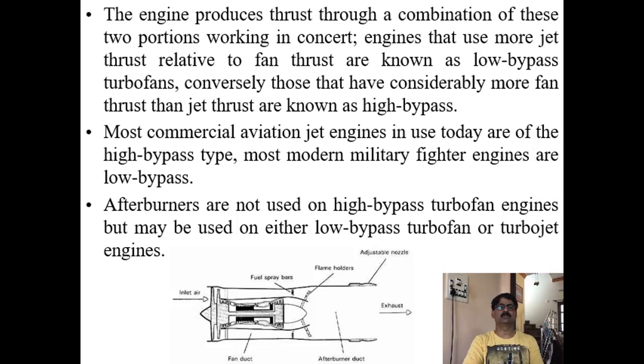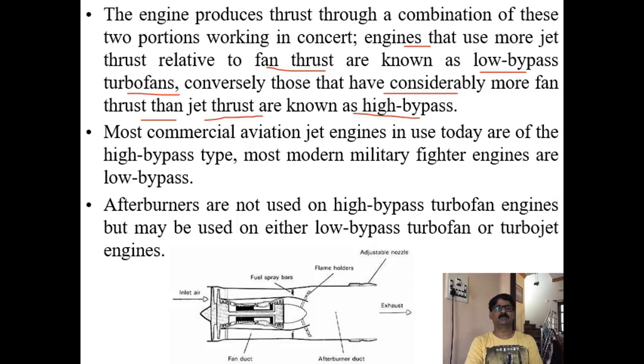Engines that use more jet thrust related to the fan thrust are known as low bypass turbofans. Those who have considerably more fan thrust than jet thrust are known as high bypass. So you have two categories of jet engines here: low bypass and high bypass.